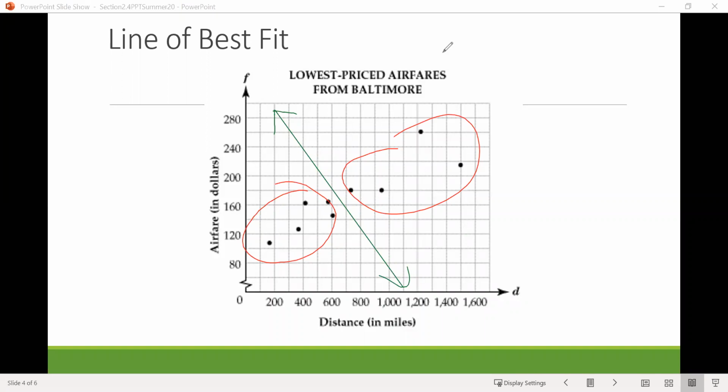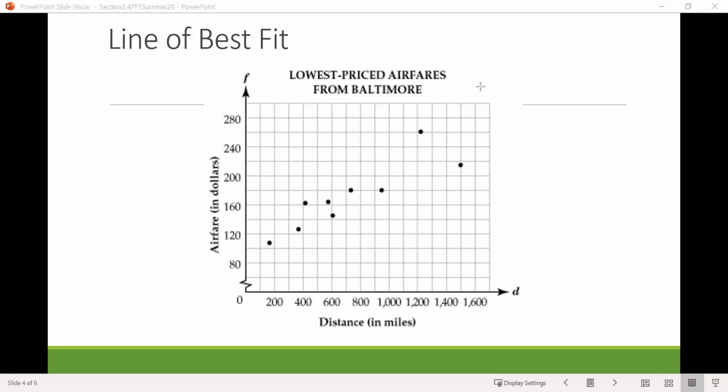However, does the slope of that line follow the trend of the data? No, because from left to right the dots are going up, whereas my line is going down, so that won't work. We need to draw a line that follows the data. I'm going to try my best to do this.